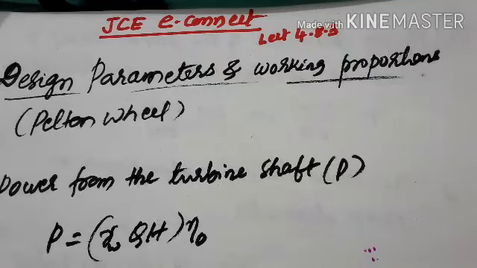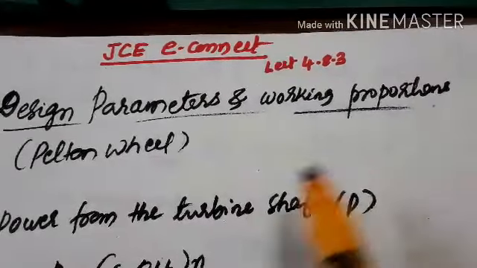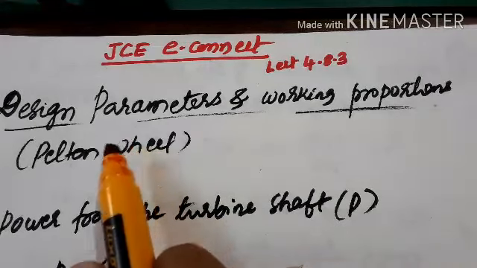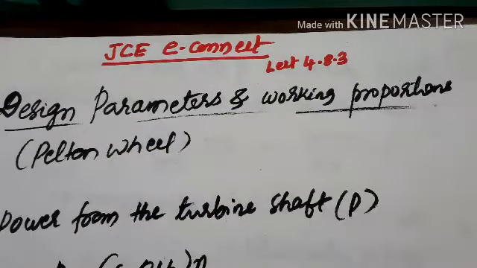So in this particular session, I'll be discussing the design parameters and working proportions of a Pelton wheel. That means, if we want to obtain an optimum efficiency, what could be the number of buckets, what could be the diameter of the runner or disc, what is the actual velocity, and how many jets are required.